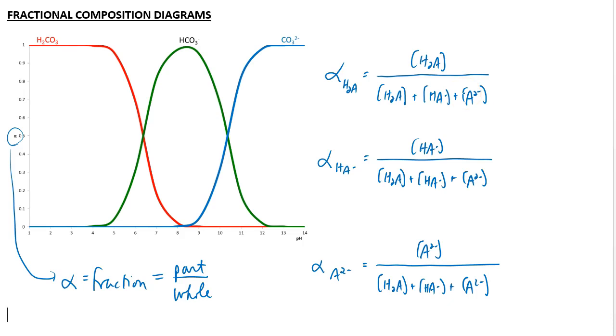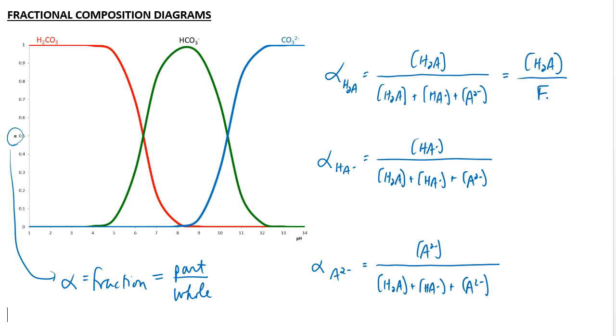And just to review a little bit, couldn't this denominator be expressed differently? Couldn't we also write this expression for alpha as H2A over... what would the sum of all these three different forms have to add up to? The formal concentration.